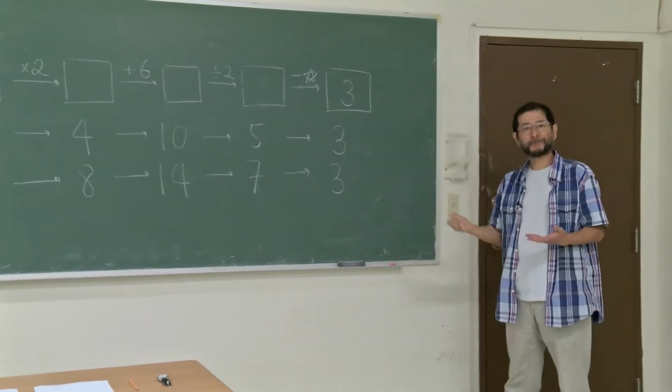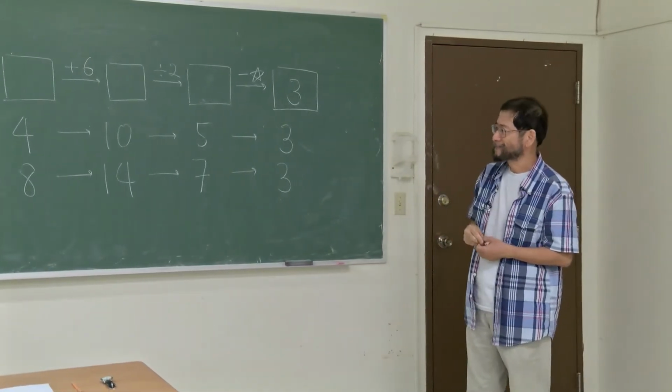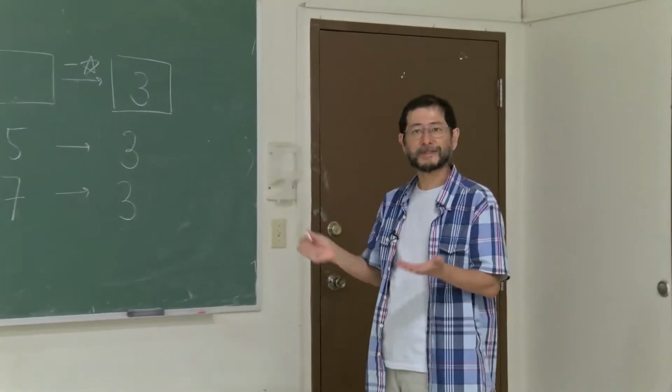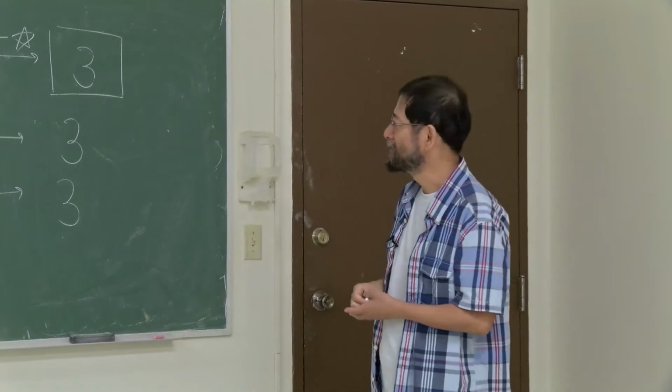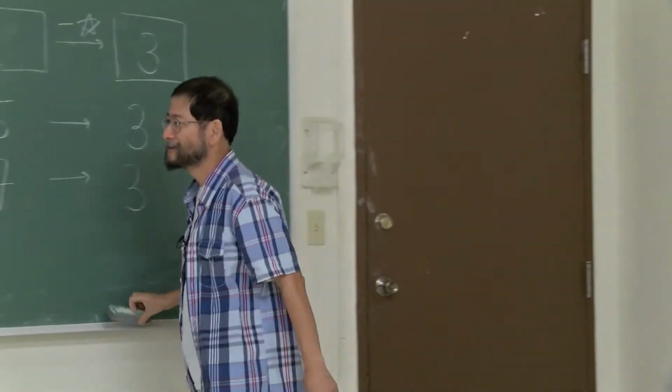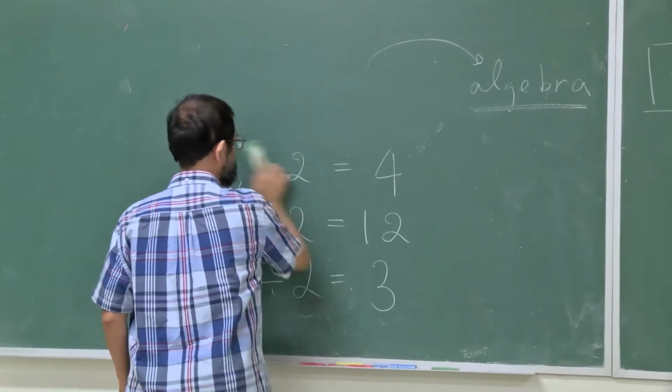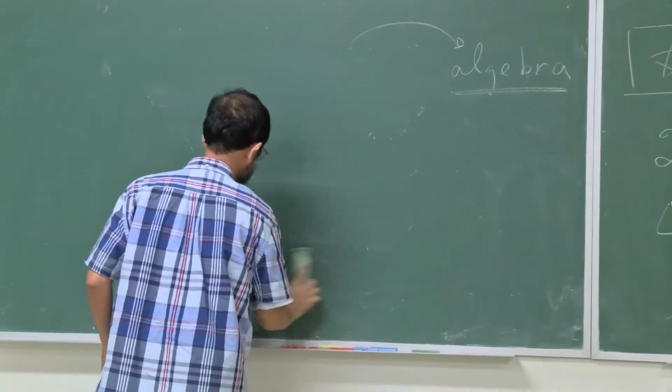So probably at this point, you might suspect that no matter what number we start with, we always get 3. And that's true. Okay? So here is your first homework.